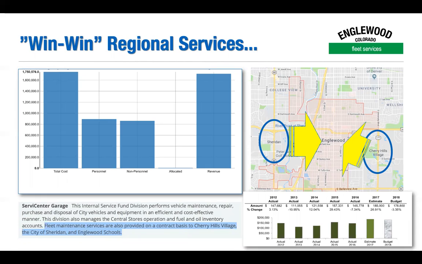Englewood provided a centralized fleet solution to service both communities for a lesser price than either one of the communities would have had to pay to bring their own shops up to where they wanted them to be, and Englewood made money in the bargain. So that's a win-win approach to regional services.